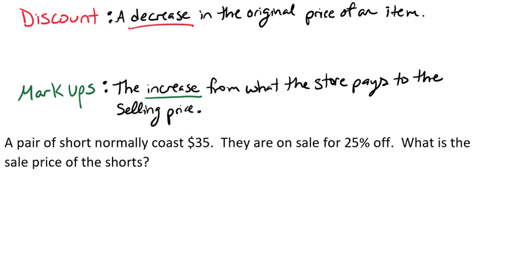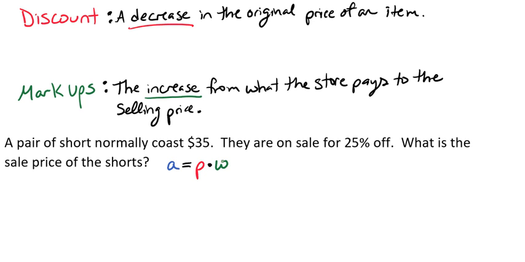The first thing that we need to do is find the discount. We're going to use our percent equation, which is A equals P times W, where A is our part, P is our percent, and W is our whole.